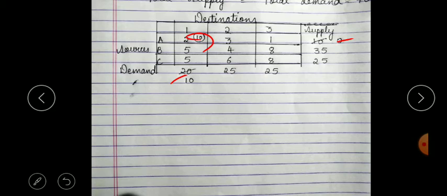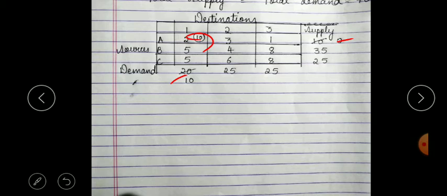Now after allocating 10, suppose in the same example, 10 kg of rice was available with the shopkeeper. You needed 1 kg of rice. You took 1 kg of rice and brought it to your home. So how many kg of rice do you require more? Nothing. Whatever was your requirement, you have fulfilled it. So how many more kg of rice is required? 0 kg of rice. So you have subtracted 1 from here.